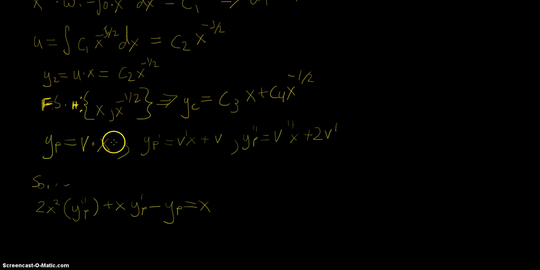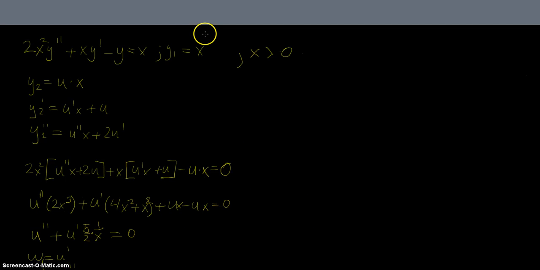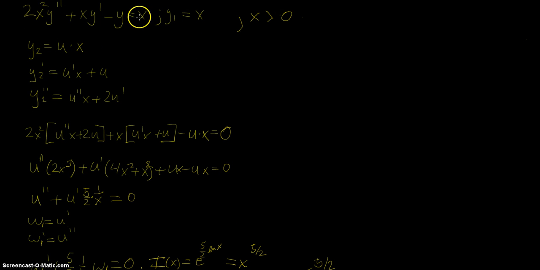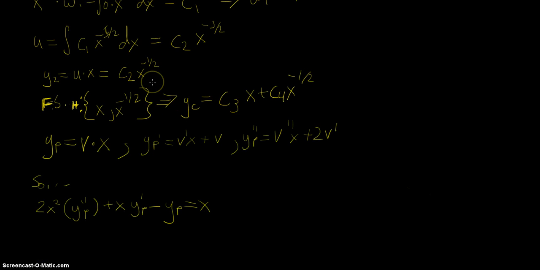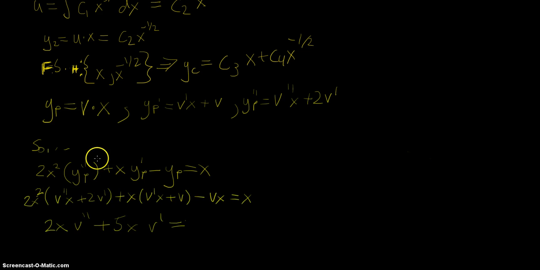Now to find yp, since x is in the fundamental set of solutions for the homogeneous version, and the differential equation is equal to x up here at the top, there's a relationship between the two, so yp is some function v times x, etc. So we'll now operate the differential equation on yp and set it equal to x, since this should give us the solution to the non-homogeneous version, the particular solution, that is.